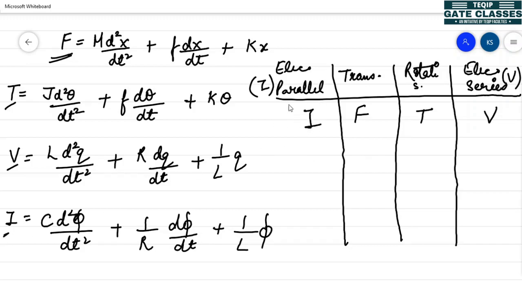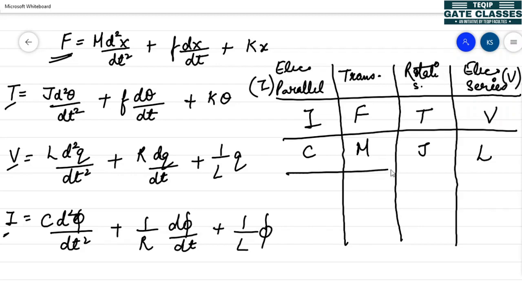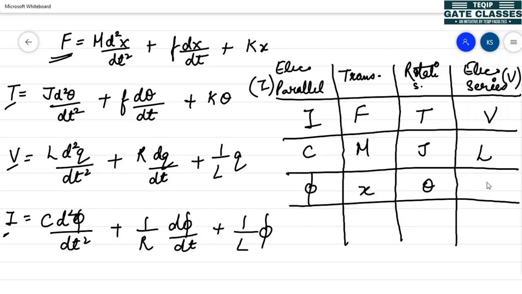In the same way, you will find that M is related to C here, J in the rotational system, L in the electrical series system, and phi is related to X. In the rotational system it is related to theta.